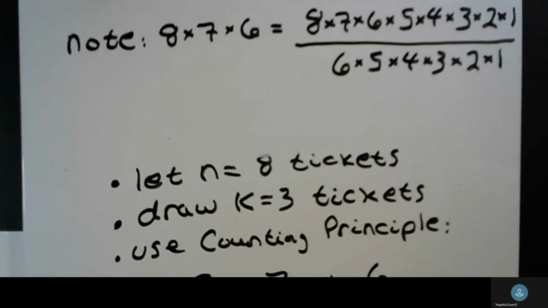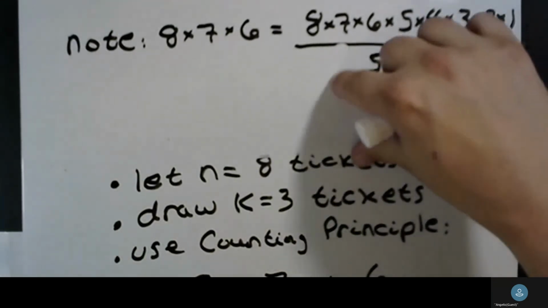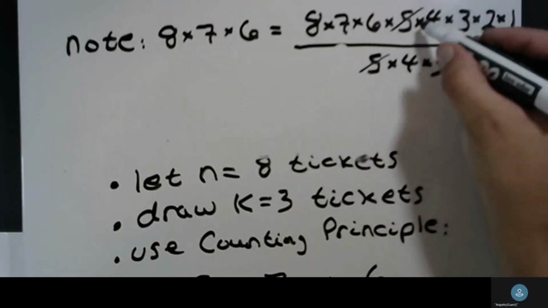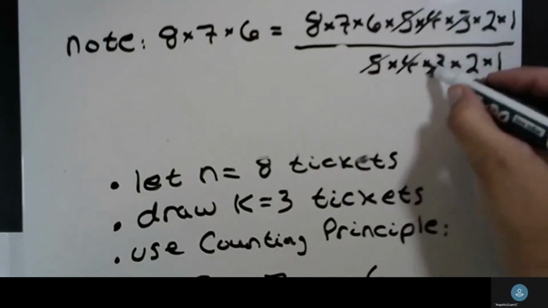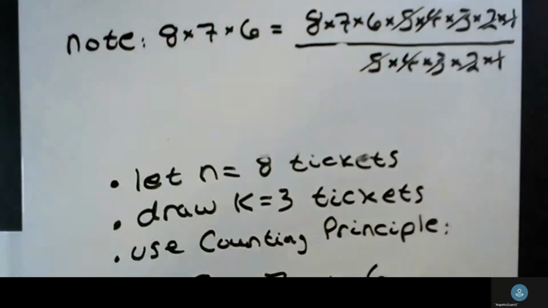And this is going to seem kind of odd, but oh, sorry, not 6, we leave the 6 off there. But we'll see that these cancel, and so we would still have our 8 times 7 times 6.